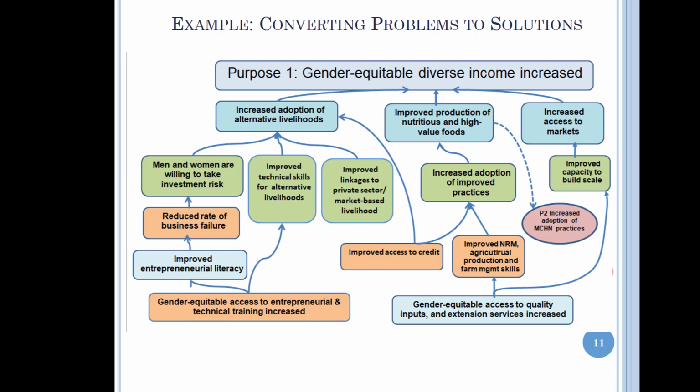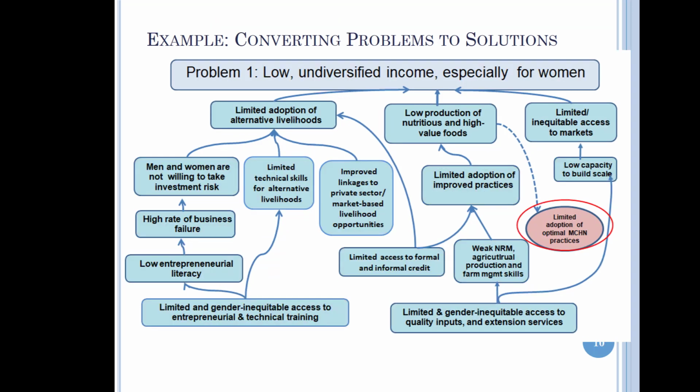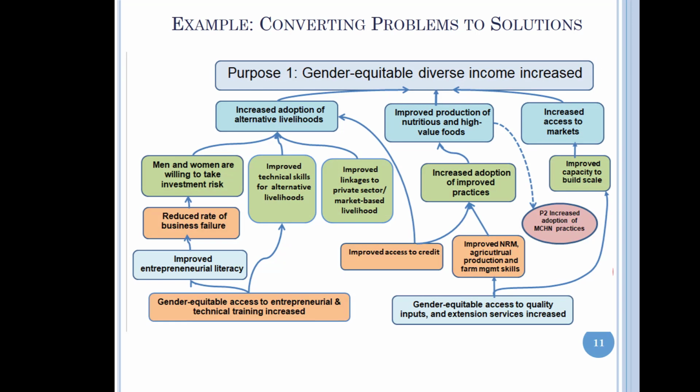So you could have more than one domain of change because you had more than one key problem. This was only referring to key problem one. So you see, you had a key problem with all its underlying causes, and now you have a domain of change with all its solutions.